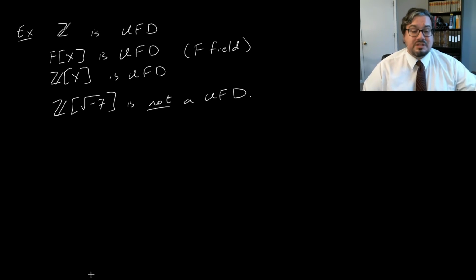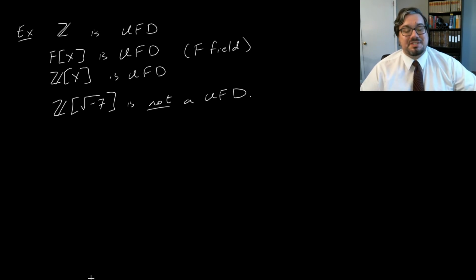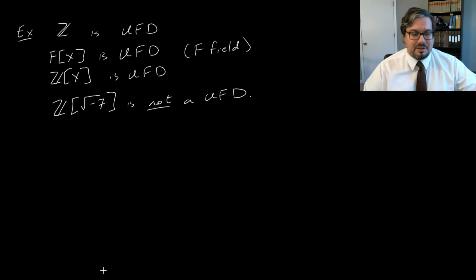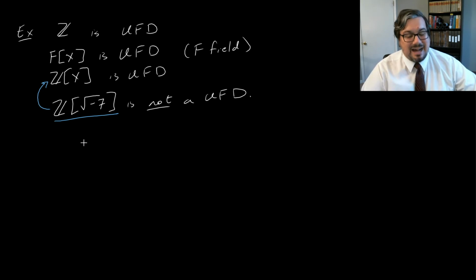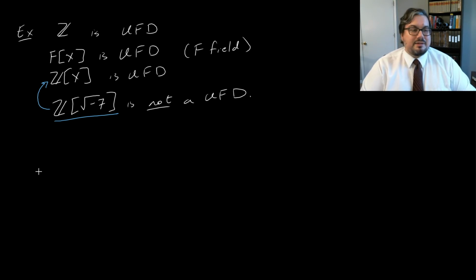Now, this shows in particular that the property of being a unique factorization domain does not persist when moving to factor rings, because we saw earlier that this ring Z[√-7] is a factor ring of the ring Z[x], but while Z[x] is a unique factorization domain, Z[√-7] is not a unique factorization domain. Now, many rings that we deal with are unique factorization domains, but not all of them.